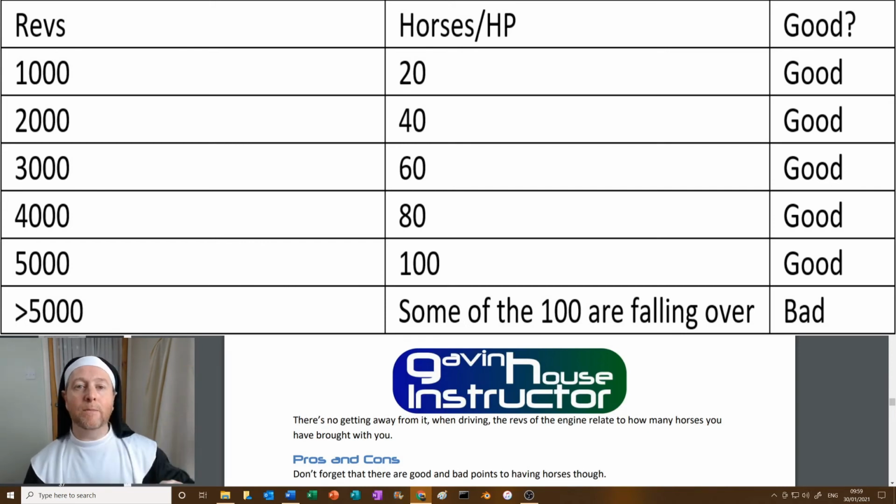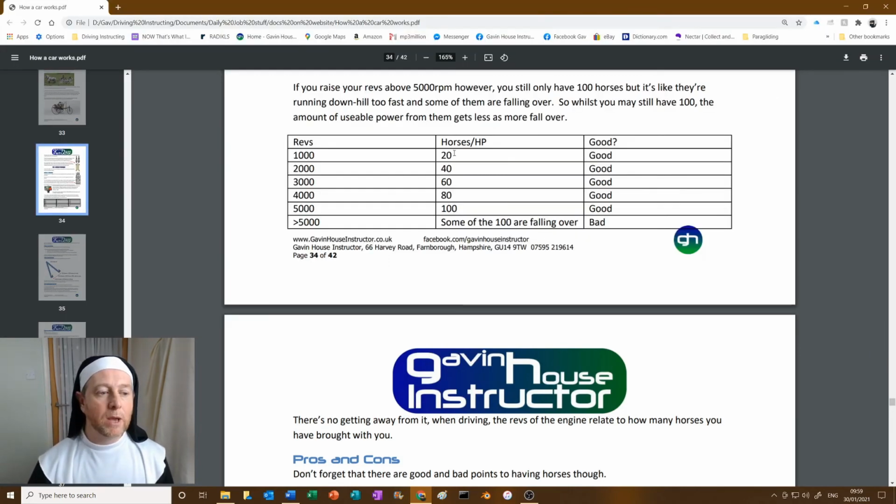Equally, if I was going up a steep hill and needed 40 horses just to pull me up the hill, and I went into a gear that equated to low revs, then I wouldn't have enough horses to get up the hill and the car would just get slower and slower until eventually I would stall the engine.